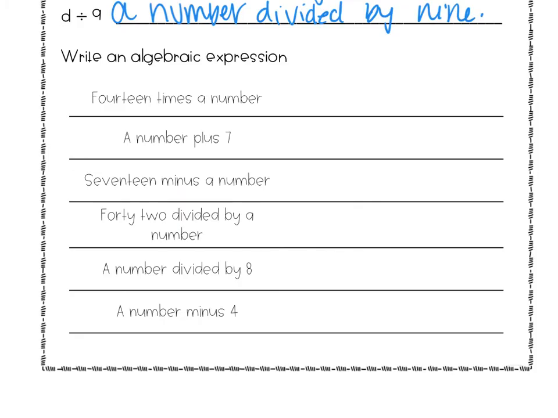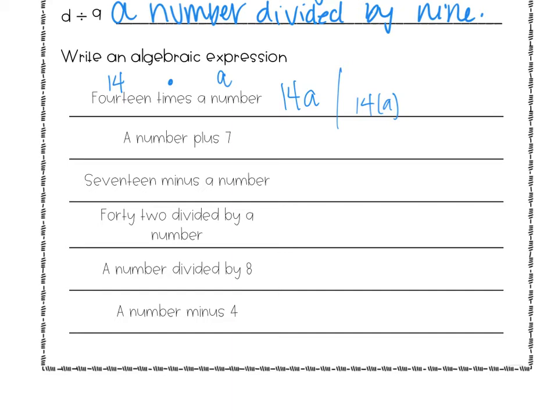Now we are going to write an algebraic expression. So the first one says 14 times a number. So the first thing I have is 14, and then I have multiplication, times, and I have a number. When I have a number that's represented by a variable, I can use any letter in the alphabet, but for today I'm just going to use the letter A. So I have 14 times A. So our next one says a number plus 7.